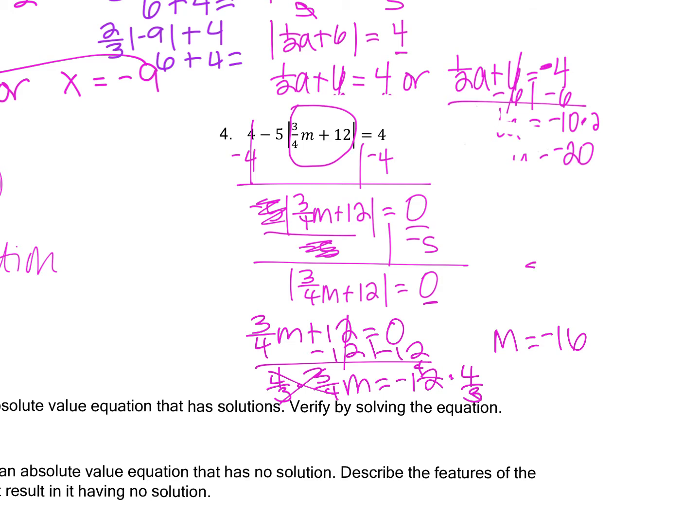Okay, so solution set -16, or you can just write this. Again, once you've done that, make sure you're plugging that in to check it on the calculator and make sure that it is true. I'm just skipping over that part to make my video a little shorter. Okay, so let's flip on over.